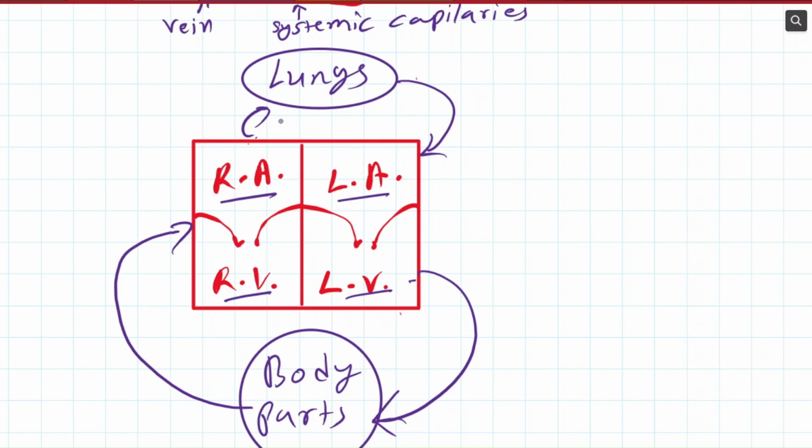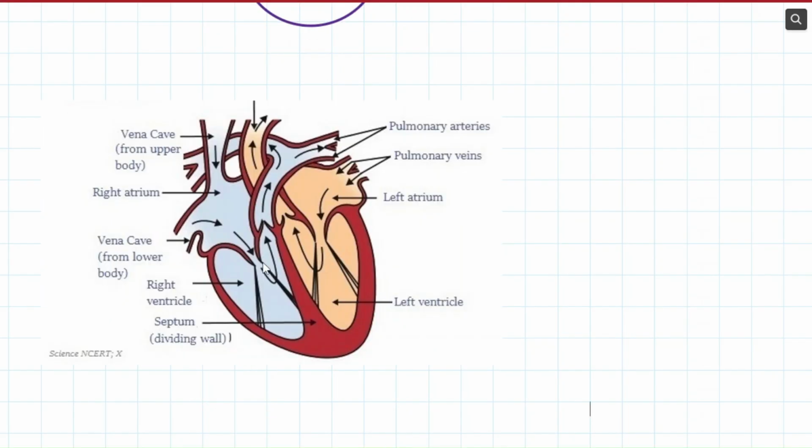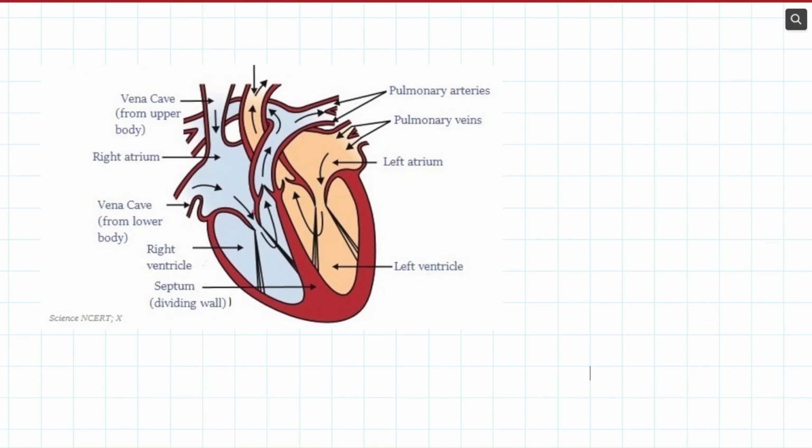This is said to be pulmonary circulation, and this is said to be systemic circulation. Okay, so since blood flows twice through the heart in a single circuit of blood circulation, this is called double circulation. So children, now we can see how blood is flowing in the human heart. So this is the vena cava, which is inferior vena cava, bringing blood from lower body part.